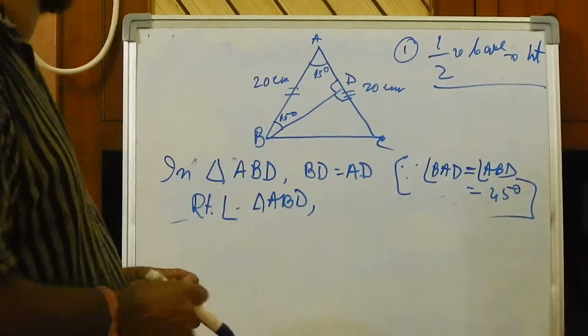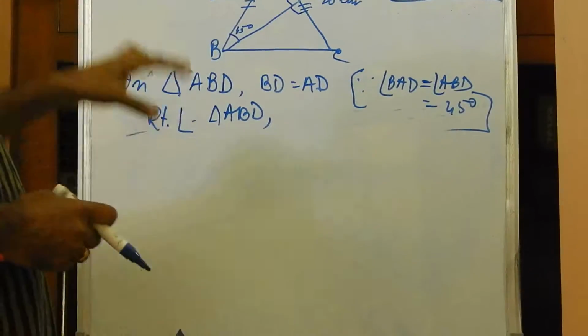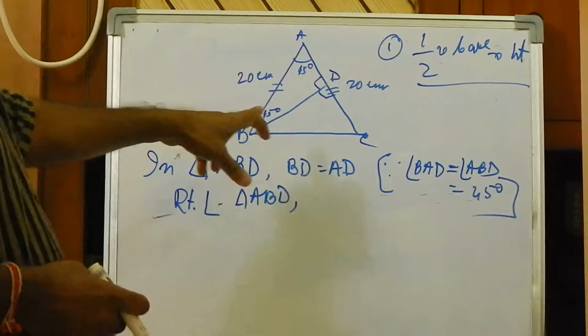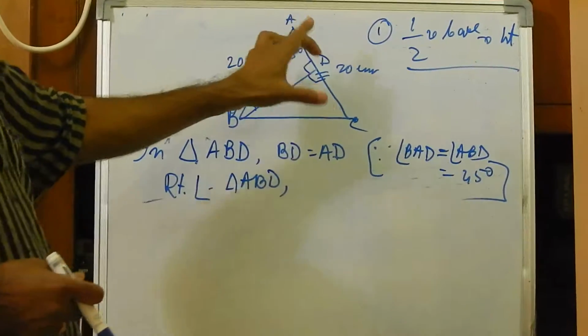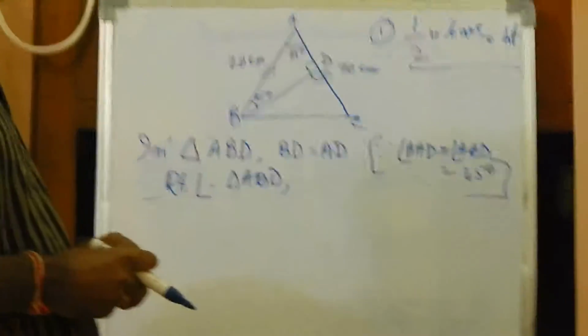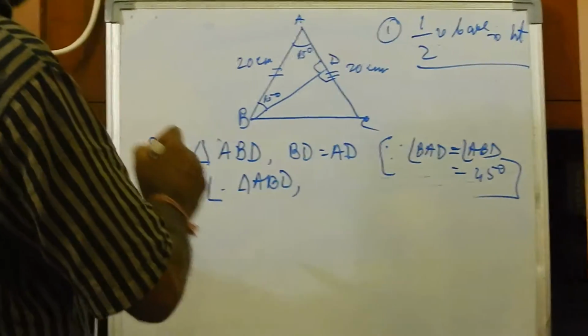What does the theorem say? It says that the square of the hypotenuse is equal to the square of the base plus the square of the perpendicular. It is the universally accepted Pythagoras theorem.